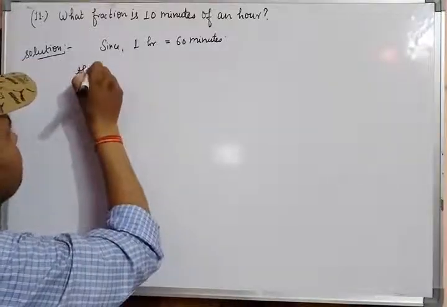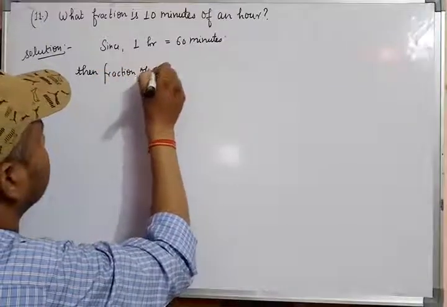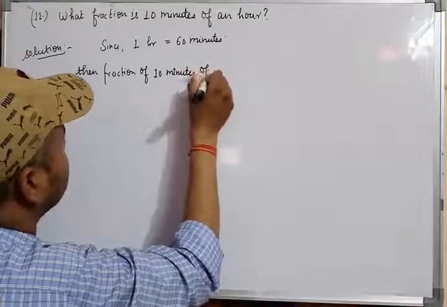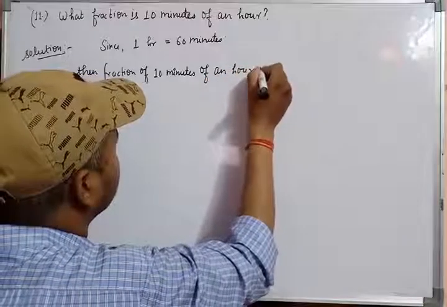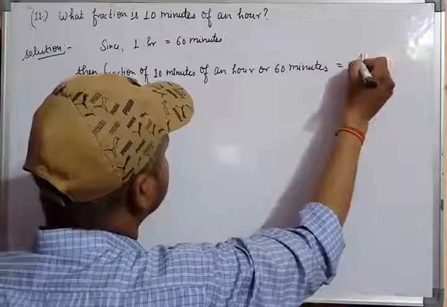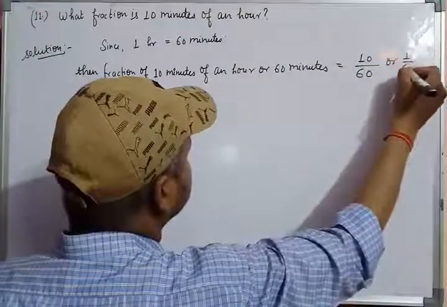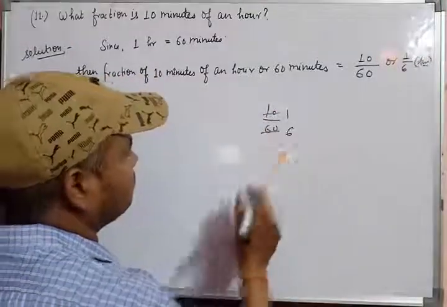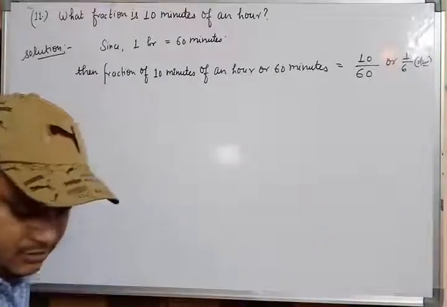Then fraction of 10 minutes of an hour or 60 minutes is equal to 10 upon 60 or 1 upon 6. Okay, because 10 upon 60, 10 divided by 10 is 1, 60 divided by 10 is 6. So we can write 10 upon 60 as 1 upon 6.